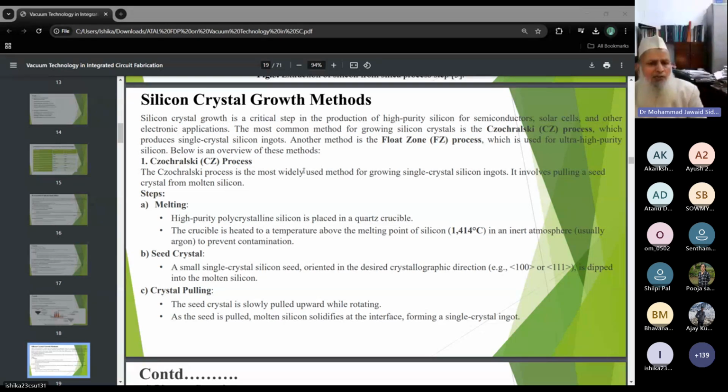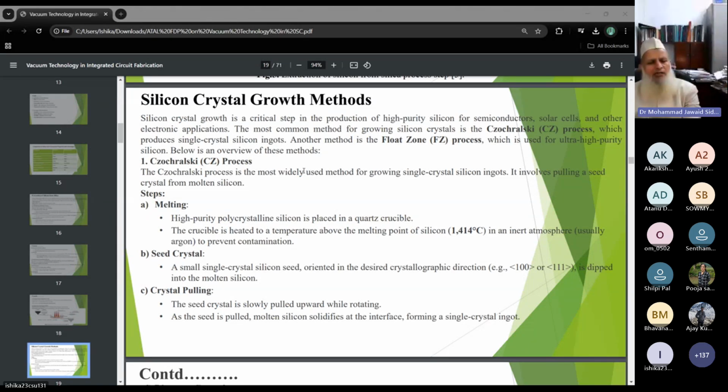Silicon crystal growth, that is very important. Generally, silicon is available in three forms: amorphous silicon, polycrystalline silicon, and single crystal silicon. Amorphous silicon is a pure disordered material having very poor mobility.